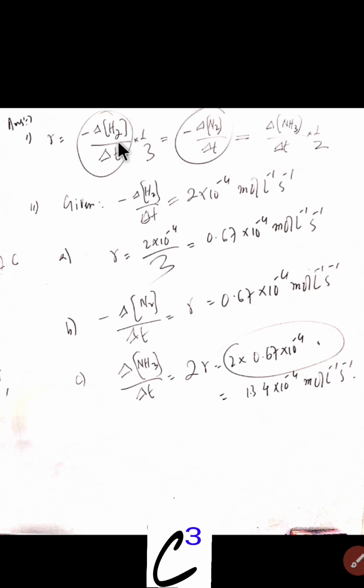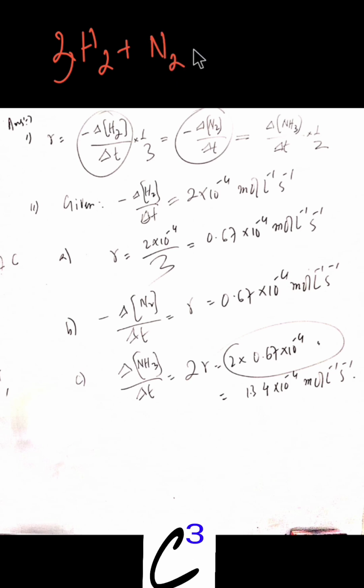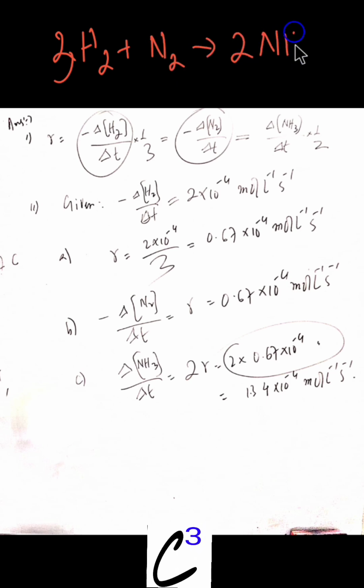Let me explain here. For this reaction, let me write this reaction, 3H2 plus N2 gives 2NH3.